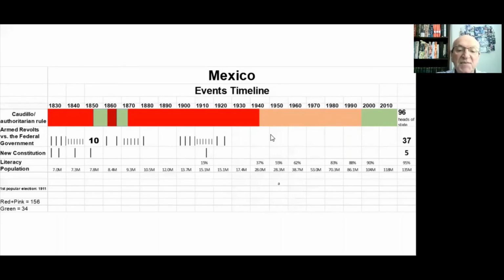Nothing was decided without the party. The party decided it all. And that only ended by President Fox in the year 2000, when finally the PRI party was defeated at the polls.